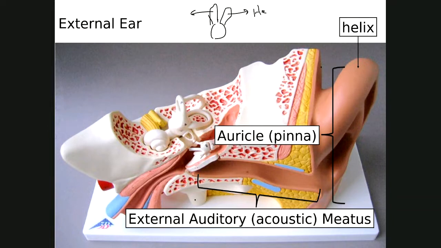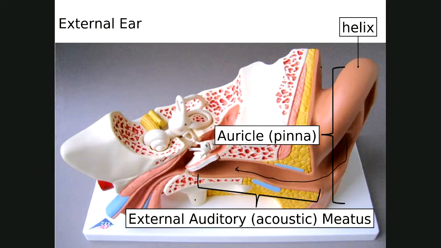So if you see animals that have these very large ears like this, a lot of them, the way that they get rid of heat, they send lots of blood to this and then heat's radiated away. But this part down here looks very similar to this part right here. Same thing for dog's ear or any other animal's ear. If you look at this part and this part, it's very similar. And again, that's so that sound is funneled into here.